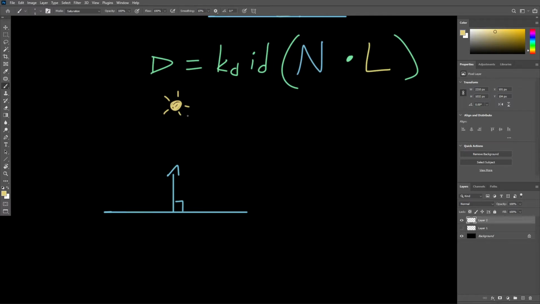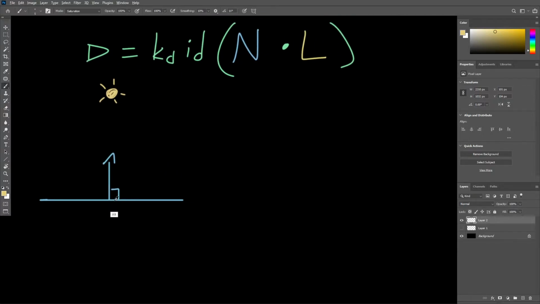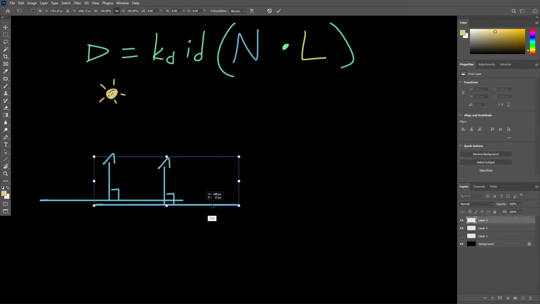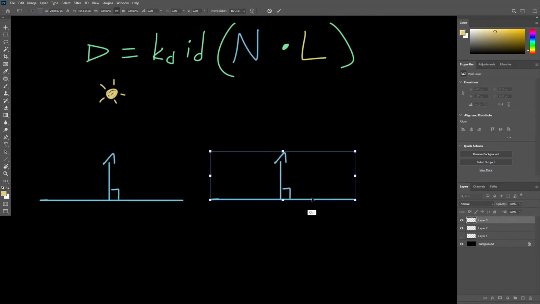This just intuitively makes sense, and you can do this yourself. You can take a flashlight, you can take a light bulb, and just shine it directly on a surface, and you will simulate this scenario here. Let's take another scenario. I'll actually just copy this surface here and move it over to the side.